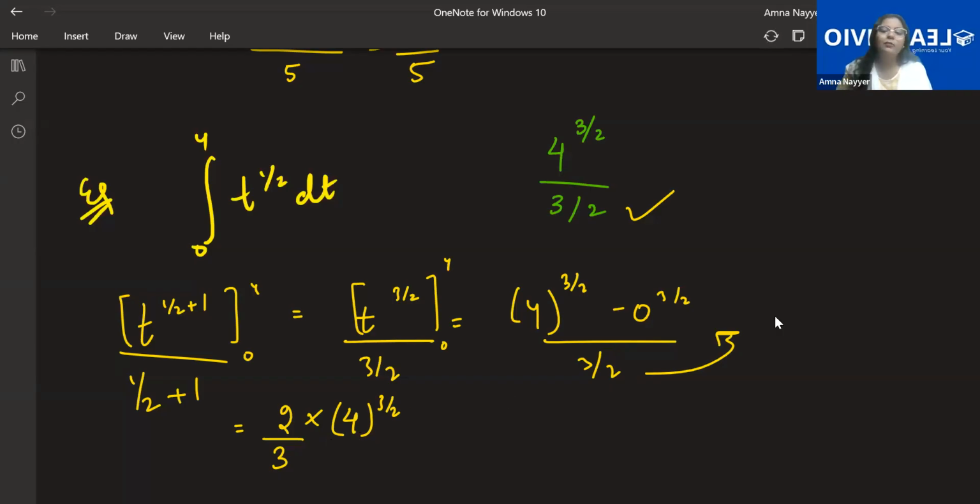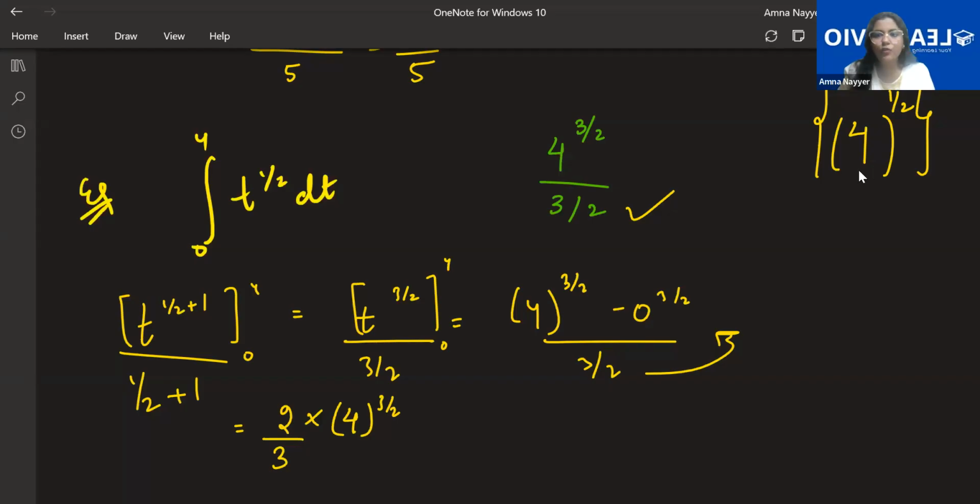And one more thing, when you have 4 to the power 3 by 2, answer it like this: 4 to the power half, the power 3. These are not limits now, these are the powers. When you have powers of powers, you multiply them. So we'll get 3 by 2 back. It means it can be written like this. So 4 to the power half is what?